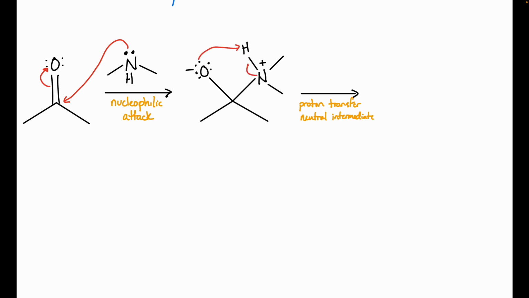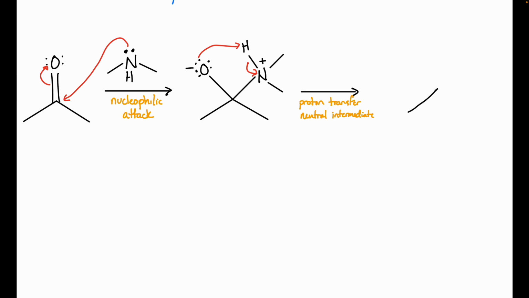So again, our oxygen is going to steal that proton away from that nitrogen because that alkoxide ion is a good base and that positively charged nitrogen is a good acid. So now we have this neutral intermediate here.